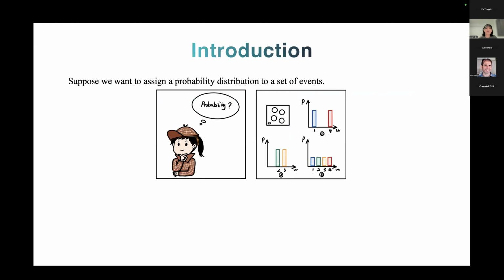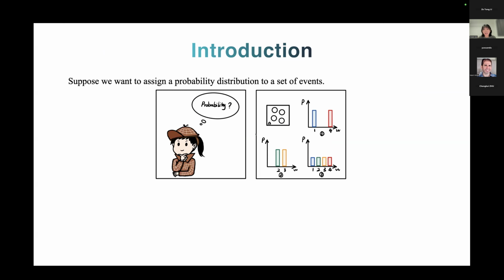So let's start from this scenario. When we want to assign a probability distribution to a set of events, but without any additional information, what should we do to choose the probability distribution? Let's give this example. There is a set of 4 events, and 3 cases of distributions.